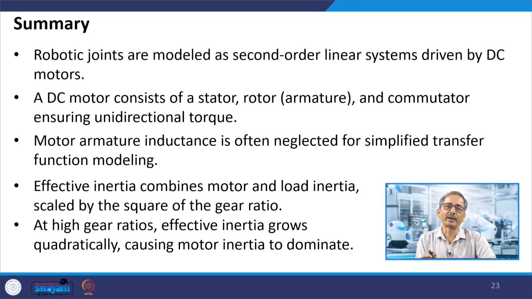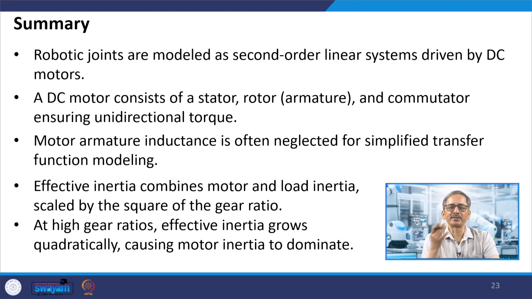So, to summarize, what we have seen is that robotic joints are modeled as a second order linear system driven by DC motors. The DC motor consists of a stator, a rotor, and a commutator, which ensures unidirectional torque, and the motor armature inductance is often neglected for simpler transfer function modeling.